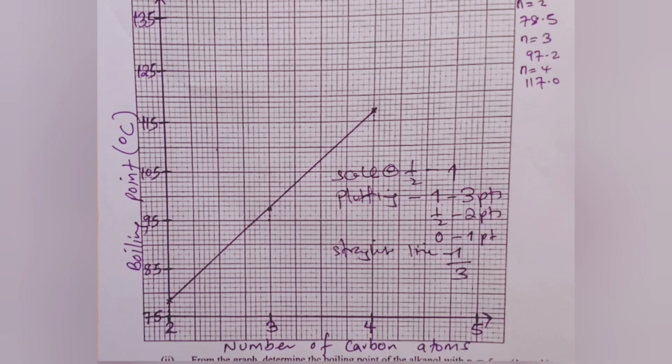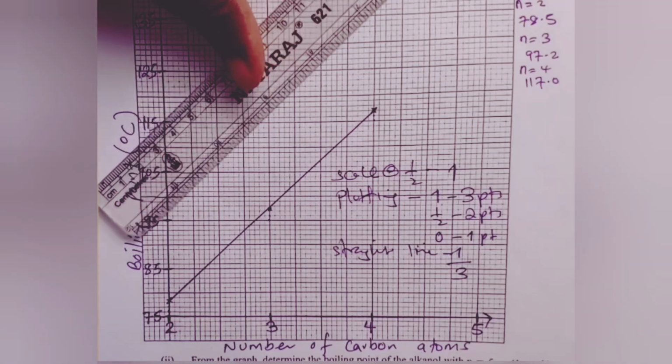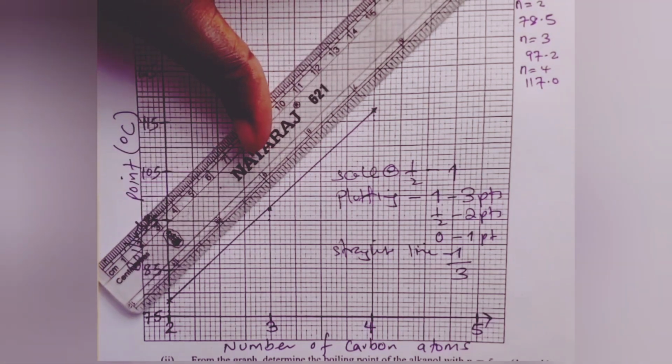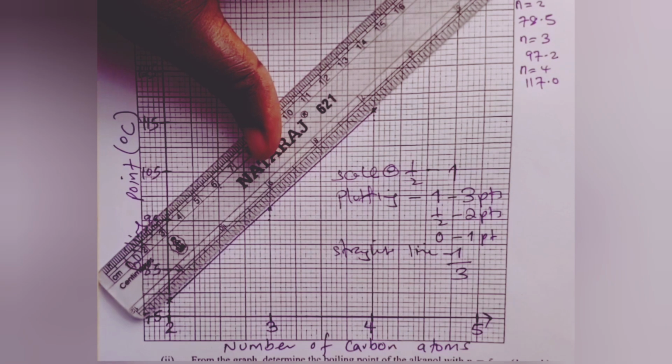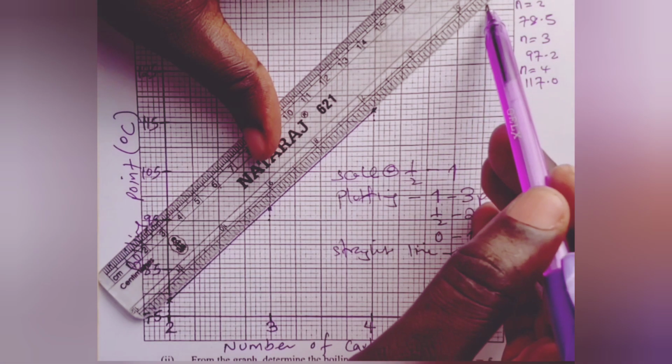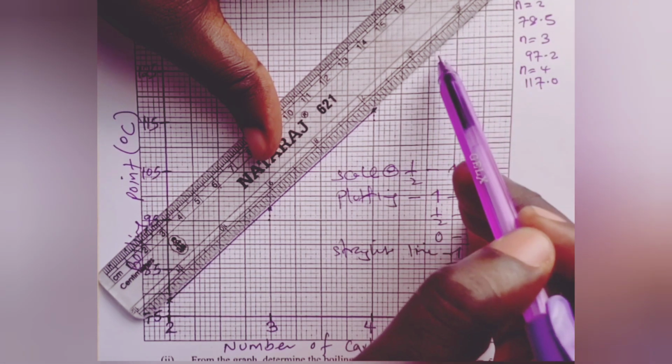So what a candidate was supposed to do was to extrapolate the graph until you reach a section where the number of carbons is 5. We would do this using dotted lines.